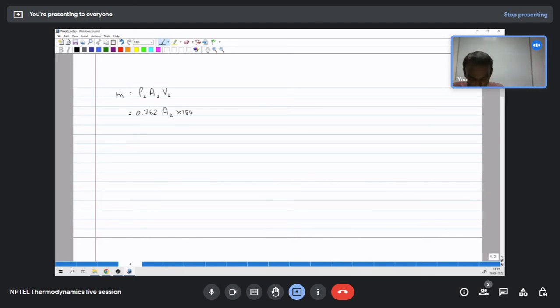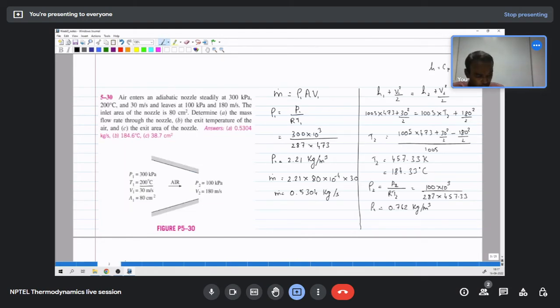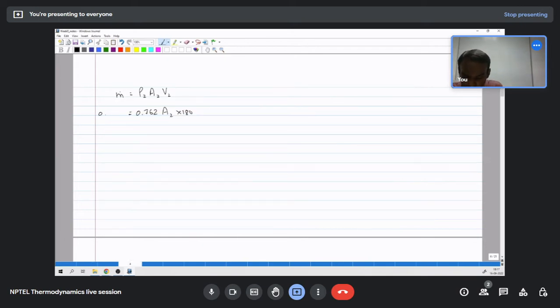And m dot is known earlier, which is 0.5304. So A2 can be calculated as 0.5304 divided by 0.762 into 180, which is 3.867 into 10 power minus 3 meter square.